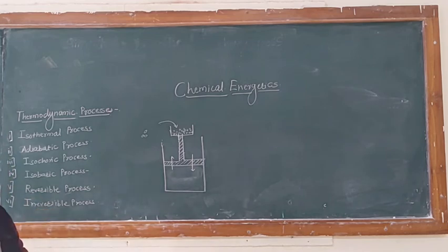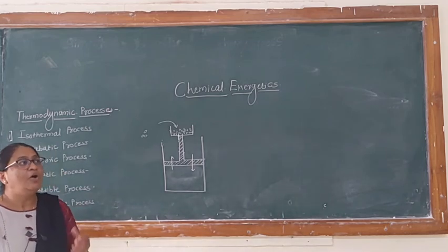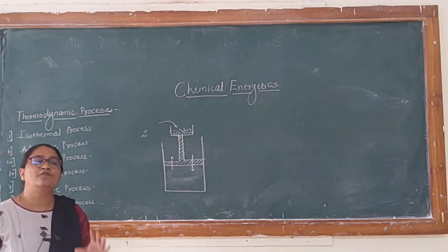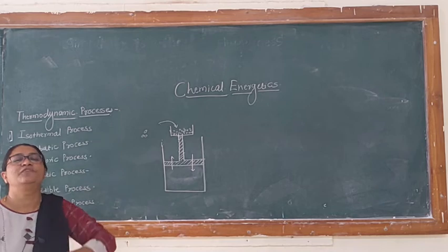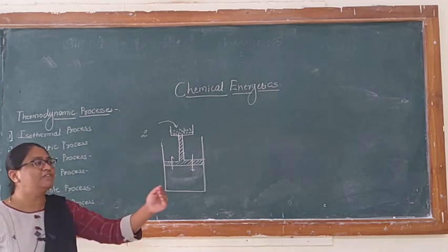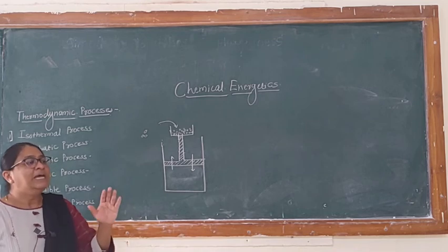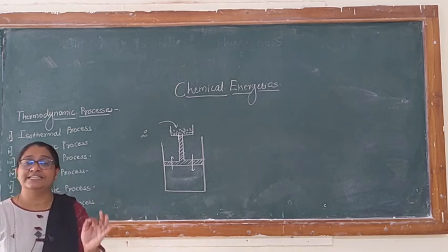Now the irreversible process. What is the definition of an irreversible process? Obviously, a process which occurs only in one direction is called the irreversible process. If you compare it with the reversible process, it does not take place infinitesimally slowly.